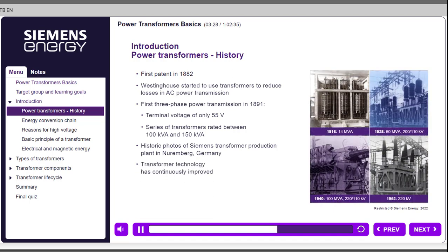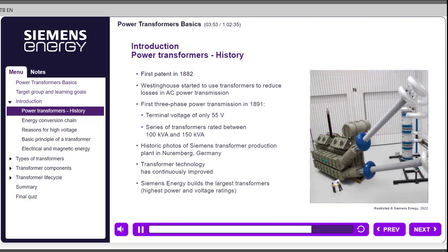While the basic principle has not changed since the invention of the transformer, transformer technology has continuously improved right up to today to increase power, raise the voltage, lower operating losses, lower the price, decrease the usage of material, and decrease size.